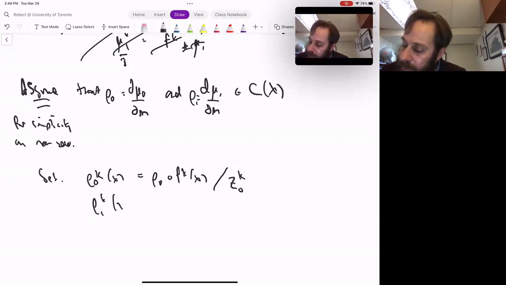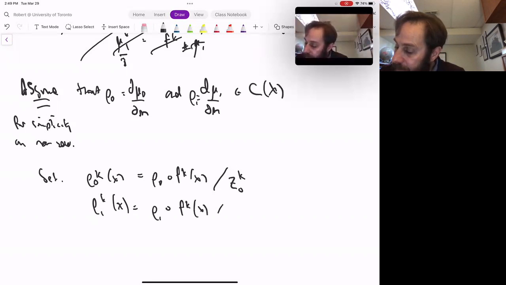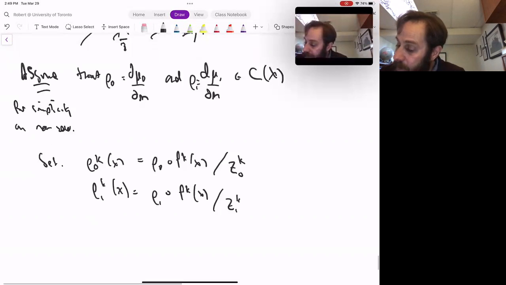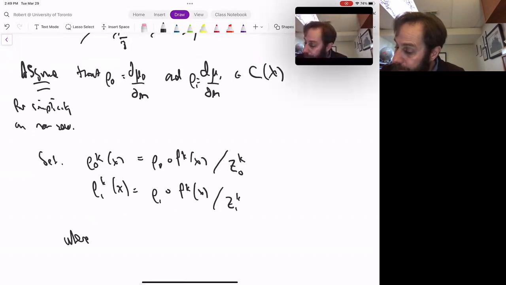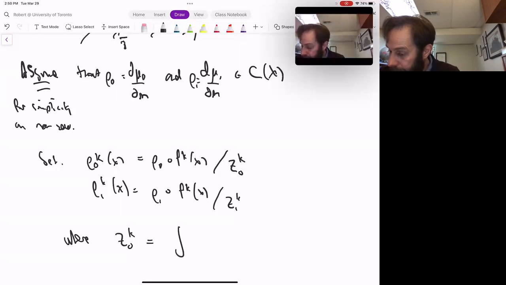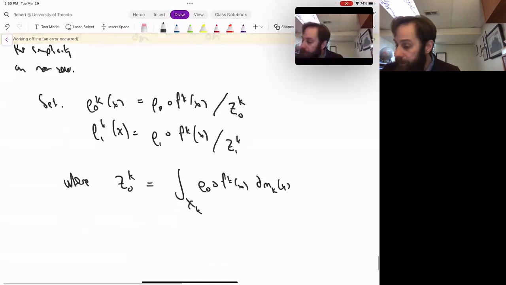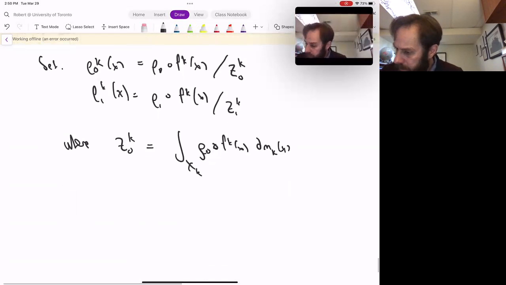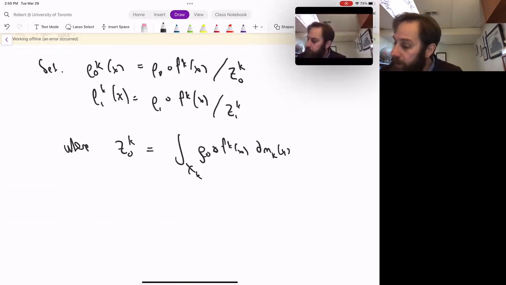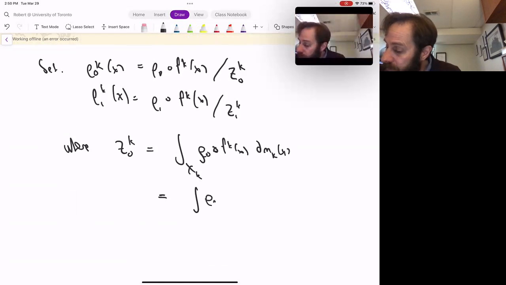And similarly, I'm going to let rho 1 k of x be rho 1 composed with fk of x divided by some normalization Z1 k, where Z naught k is basically the integral of rho naught integrated against fk push forward mk.